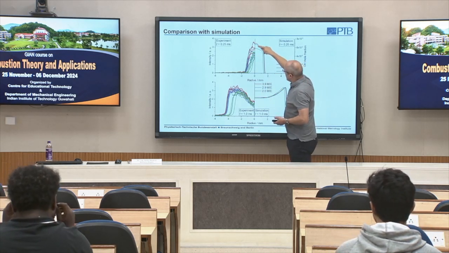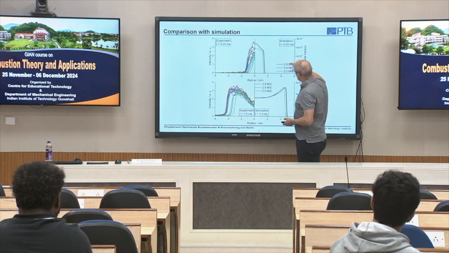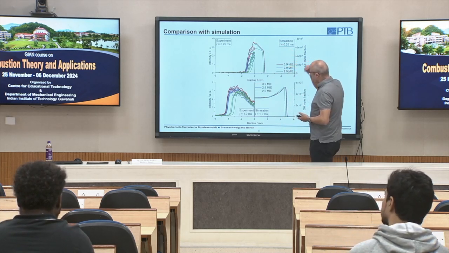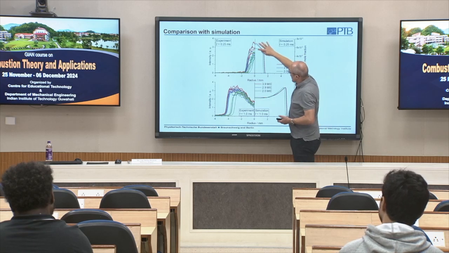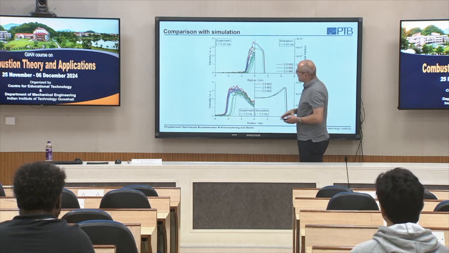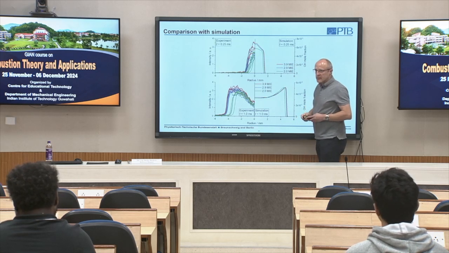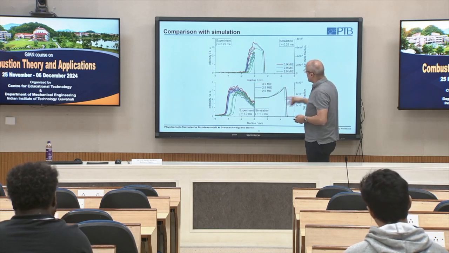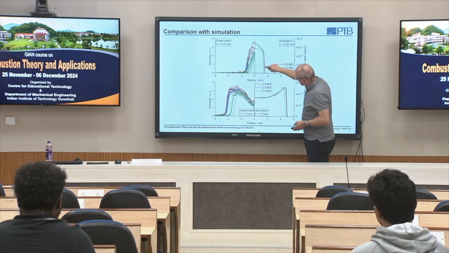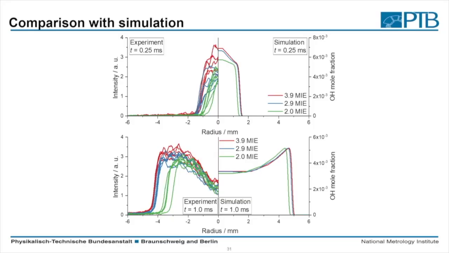So the higher the energy, red to blue to green, the larger the intensity is and the broader the initial volume is. So the energy of course has an influence, and then finally we see that this initial difference is also visible in the difference of the flame positions at a given time.